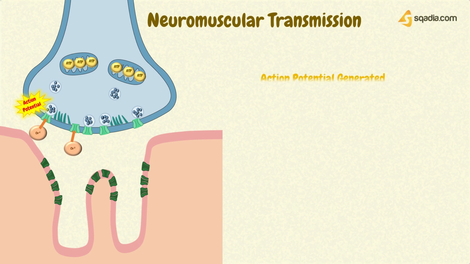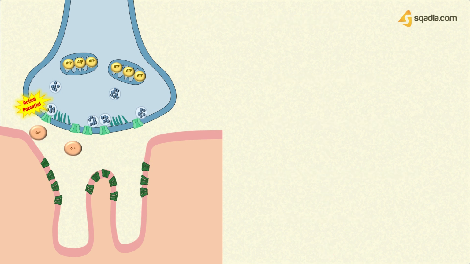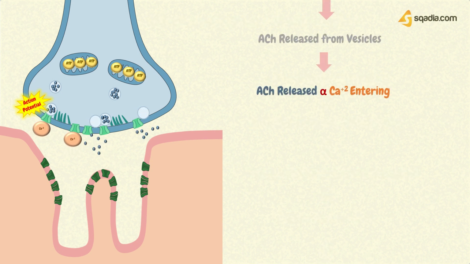Now, when an action potential is generated and reaches the terminal nerve ending, the voltage-gated calcium channels open and there is an influx of calcium ions. In response to this, acetylcholine is released from the vesicles. Remember, the amount of acetylcholine released will be proportional to the amount of calcium entering the neuronal membrane.